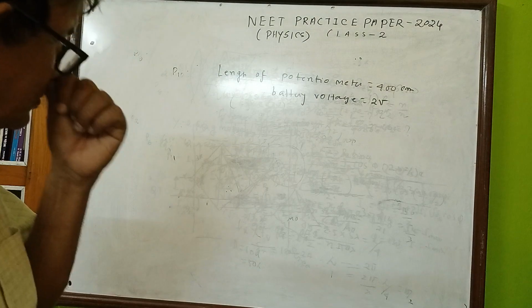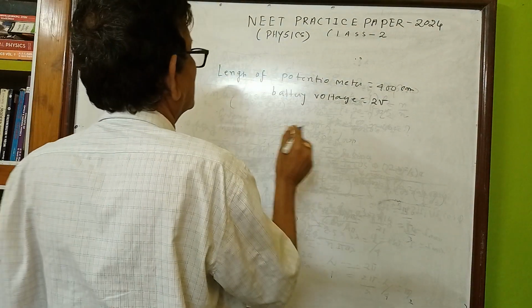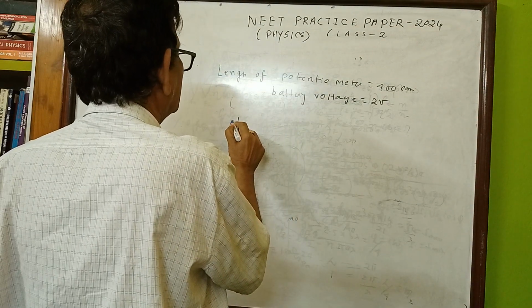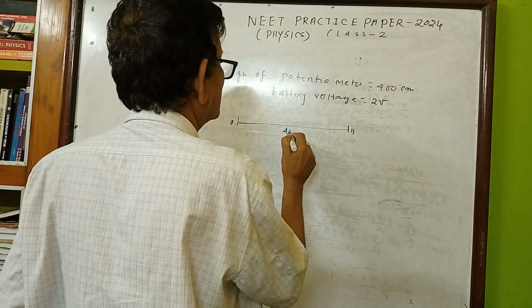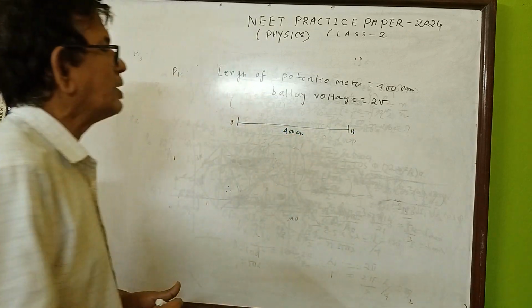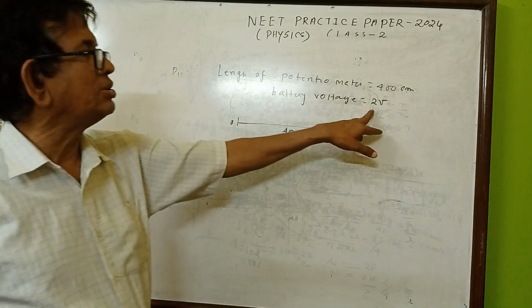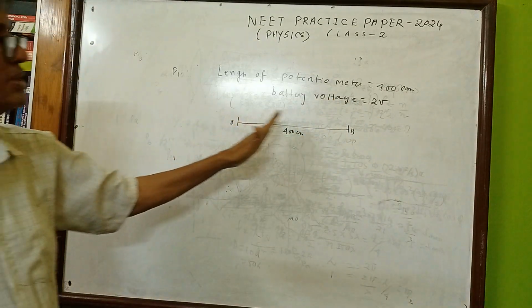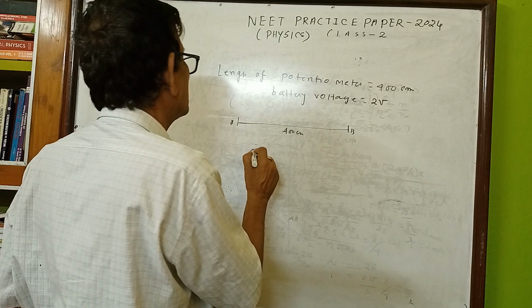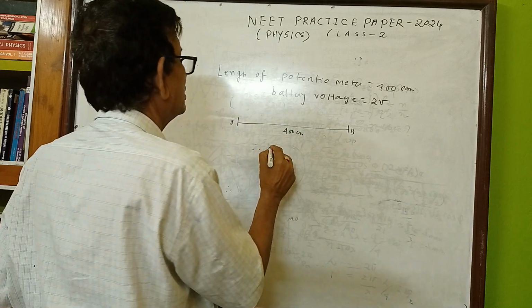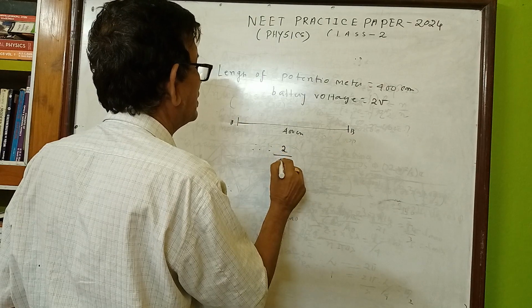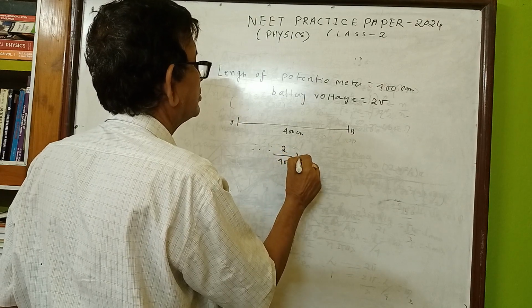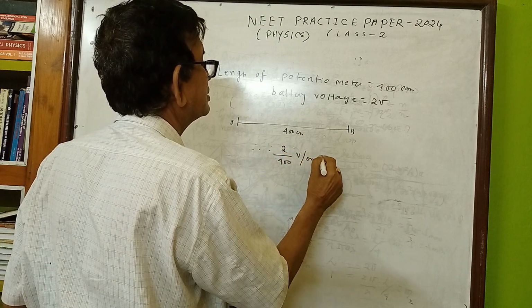Now what is the potential gradient? That means this is the wire AB, you imagine 400 centimeter. So you have to drop 2 volt potential against this wire. So you can write potential 2 volt by 400 volt per centimeter.